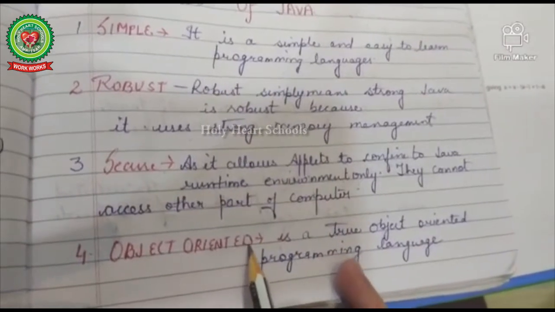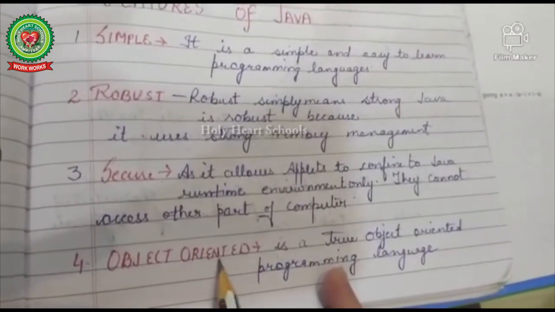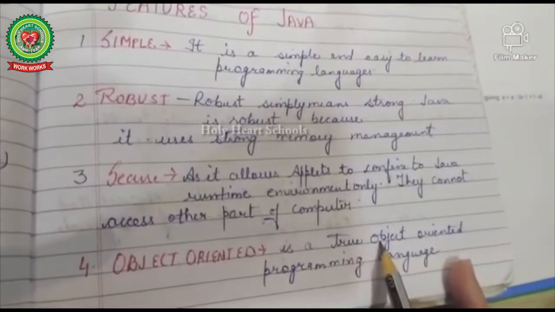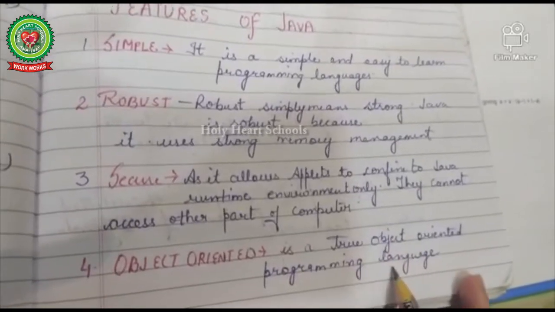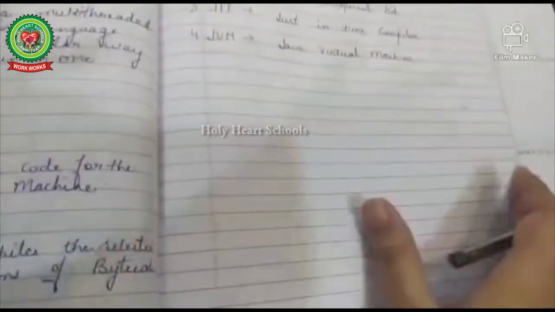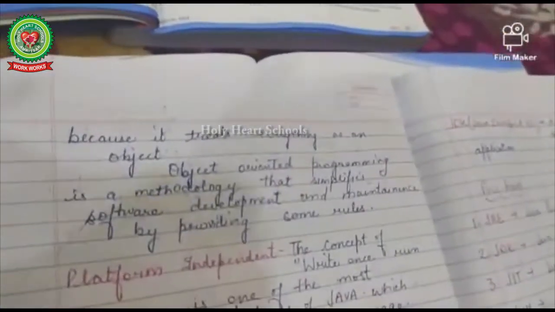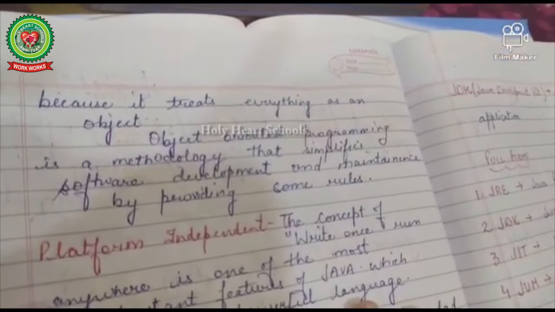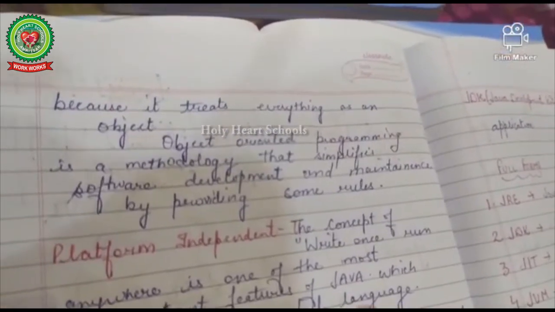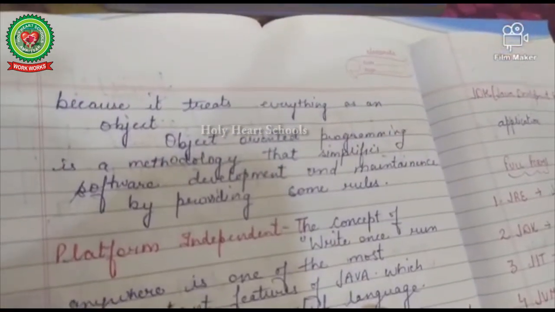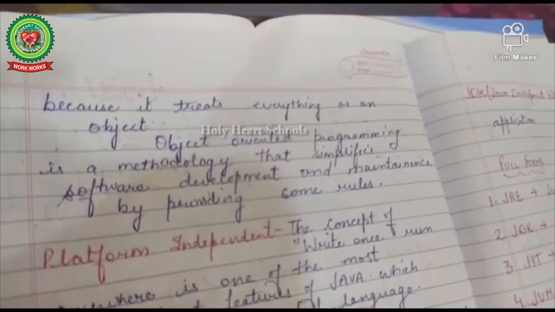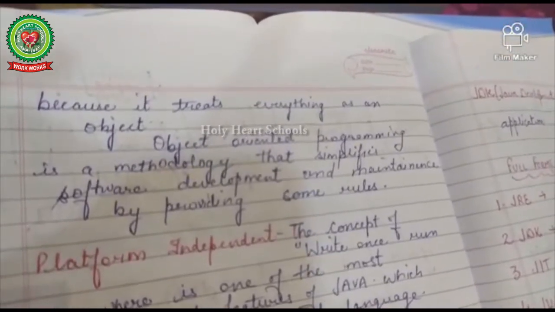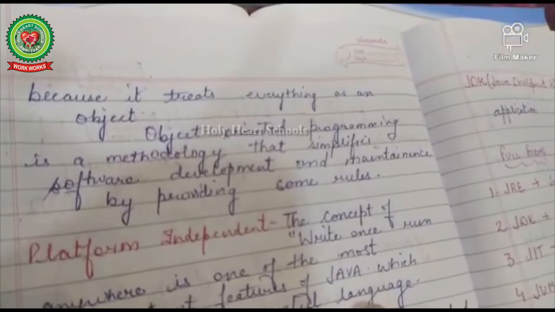The next feature is object oriented. We already know that Java is a true object oriented programming language. This means that Java treats everything as an object. Means the objects are real world entities. Means we will create our programs on real world entities like cars, ATM machines.